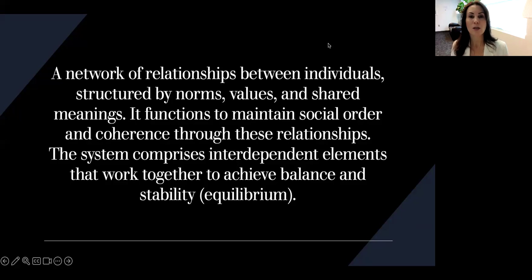But here you have to pay attention to the definitions. So a social system is a network of relationships between individuals, and that has norms, values, and shared meanings.